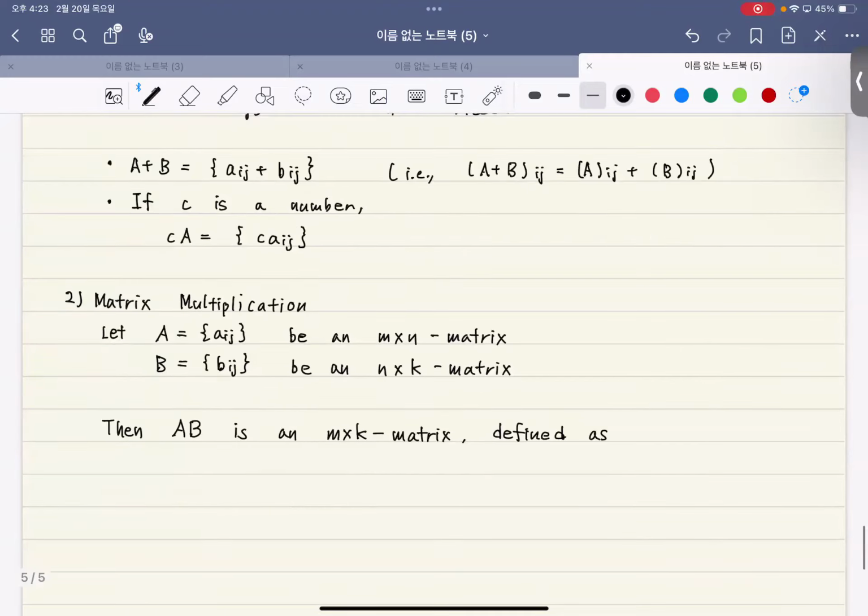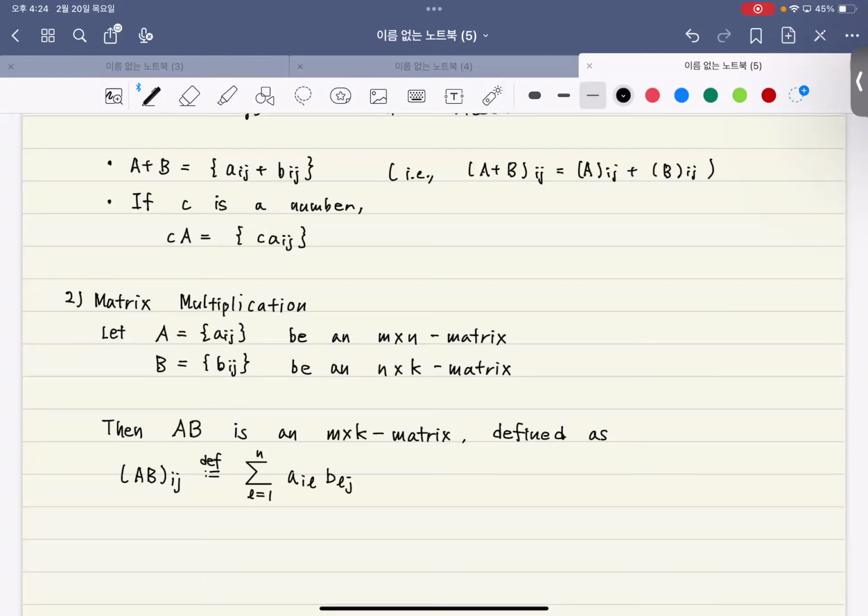It is defined as follows: the ith row, jth column entry of the matrix AB is defined as the sum from l equals 1 to n of a_il times b_lj.